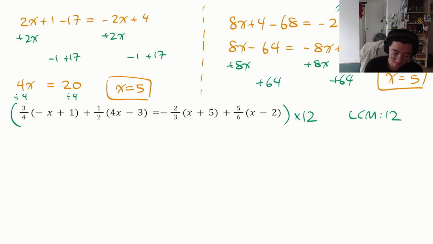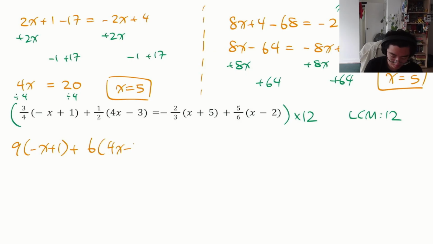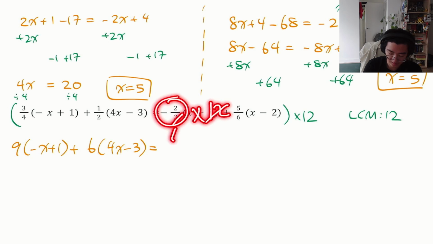Right, so 3 over 4 times 12 reduces down to 9. 1 over 2 times 12 becomes 6. 2 over 3 times 12 reduces down to 4. So negative 8, right?